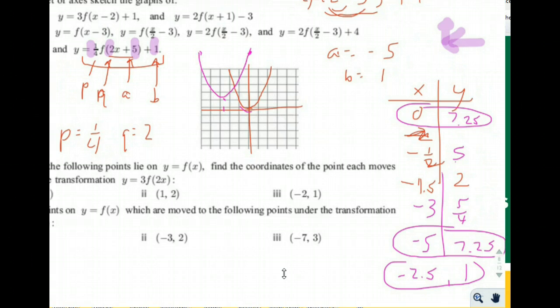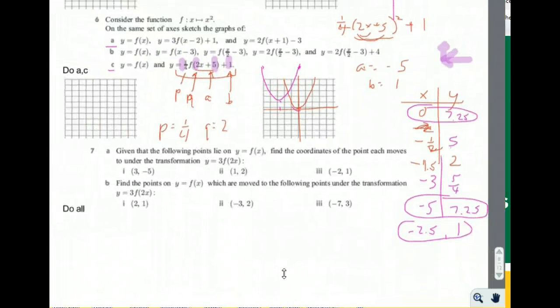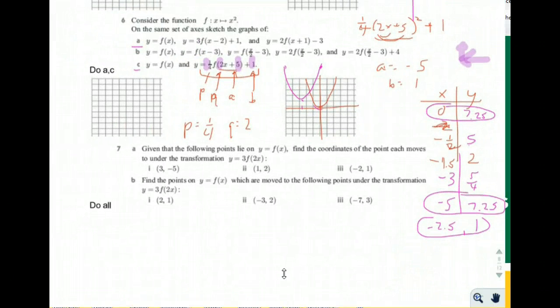So it's not really different width-wise from the original parabola. Maybe a little bit wider, but still in proportion. But you can see that it did move to the left and a little bit up.